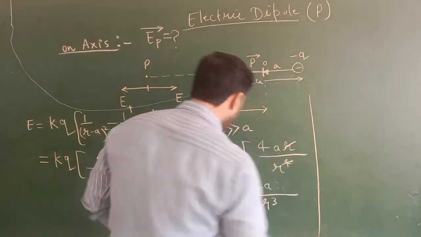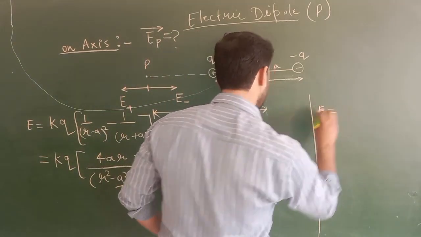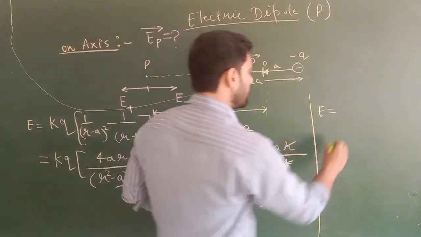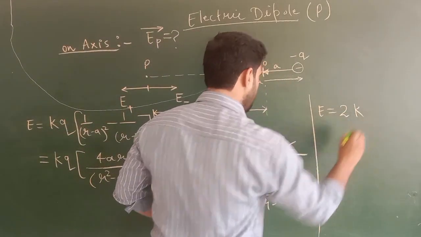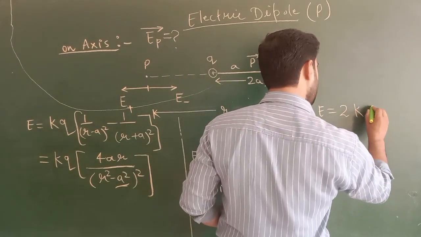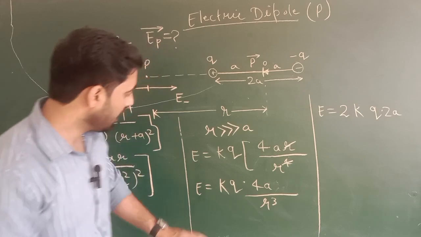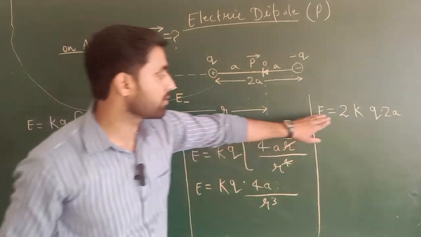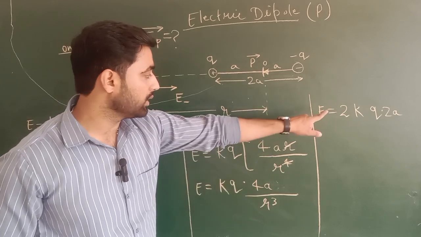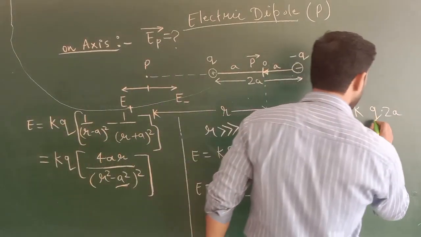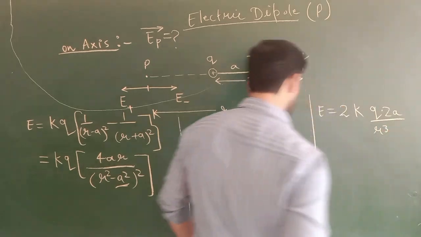Further, if we solve it, we can write it as E equals 2 times kq into 2a, writing the same thing in a different format, divided by r cube.